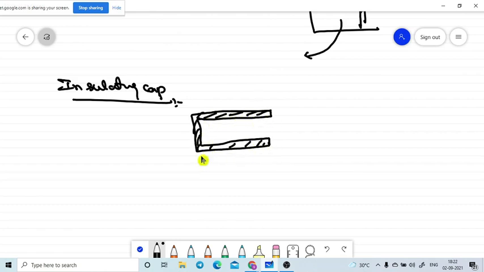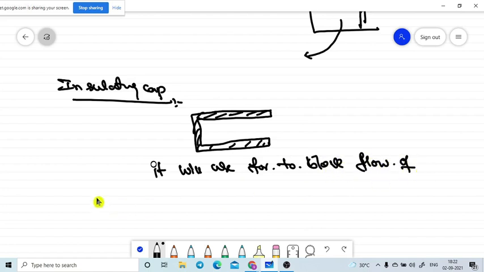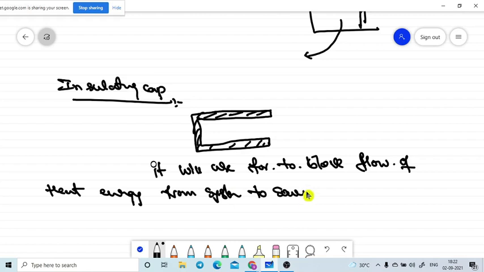It is used to block the flow of heat energy from the system to the surroundings, and vice versa.